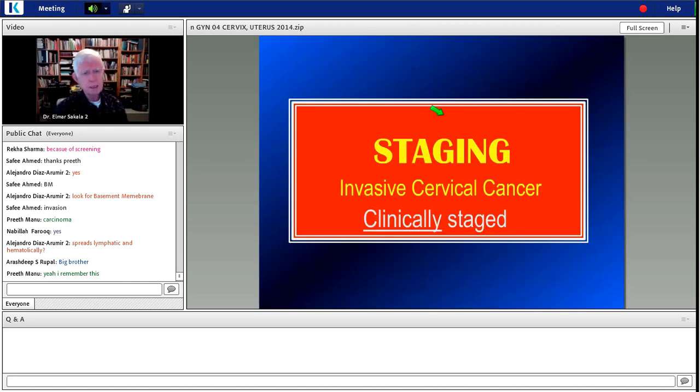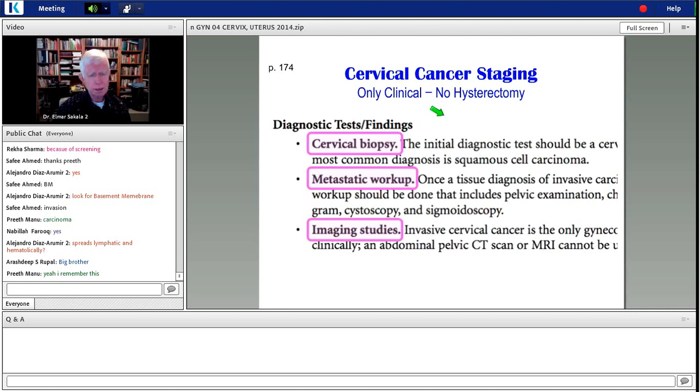Okay, I already mentioned that the important management decision will be based on staging. Now, we make a diagnosis of invasive cancer of the cervix by doing a biopsy and make sure that the basement membrane is broken. But then it is clinically staged. So the diagnostic test, cervical biopsy, metastatic workup, imaging studies.